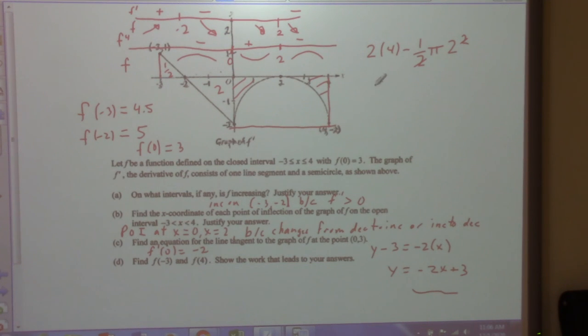So it's going to be 8 minus 2 pi. But then we're going to have to subtract that. So this is going to be 3. So f of 4 is going to be equal to 3, which is where we started here, minus 8 minus 2 pi. And so that's going to be f of 4.